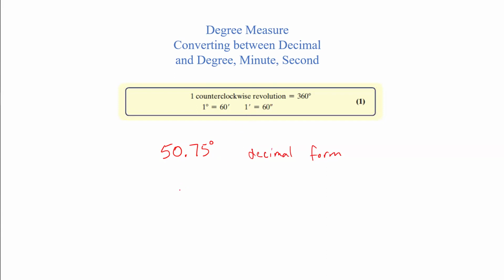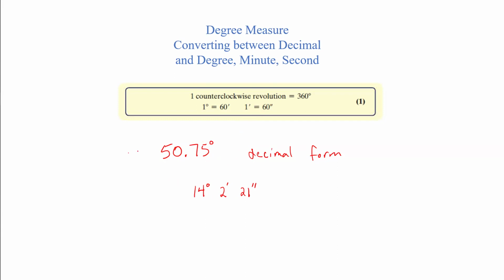And we might come up with a measurement that looks something like this. Let's say some application requires an angle that's 14 degrees, 2 minutes, 21 seconds. Okay, so this is another way to think. So what we're going to need to do is convert between the two.